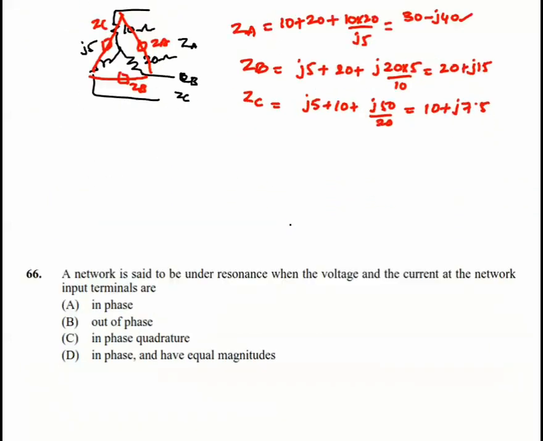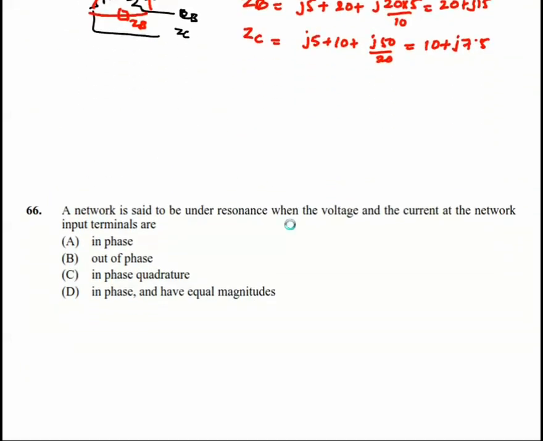And next one: a network is said to be in resonance when the voltage and current at the network input terminals are going to be in phase, out of phase, in quadrature, or have equal magnitudes. In phase means we have 0 degrees, out of phase means 180 degrees.